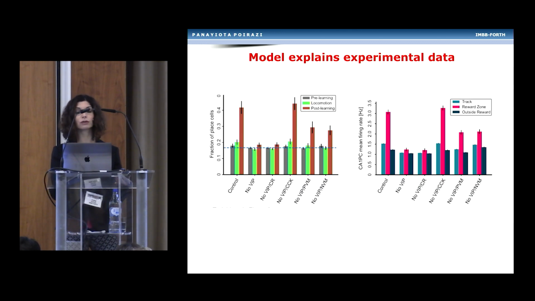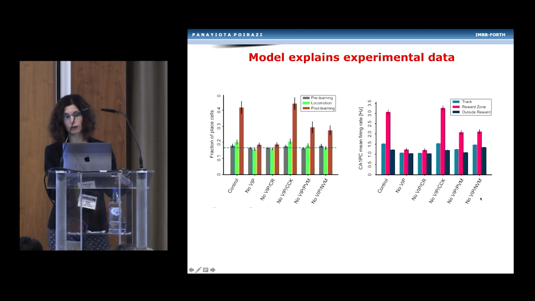And the model can also tell us why this is the case, because we can look into the fraction of place cells that we have before and after learning, and we can also look at the firing rate of these place cells before and after learning while we perform various manipulations, silencing all VIP interneurons, one or the other subclass, only the positive velocity modulated or only the negative velocity modulated.